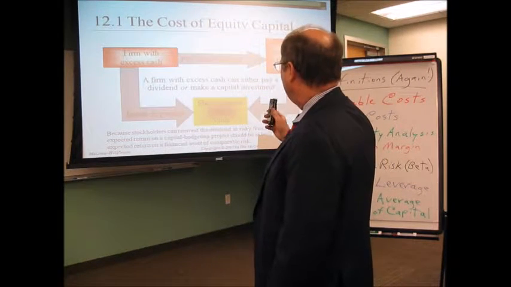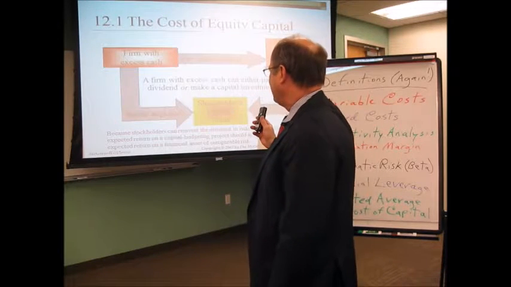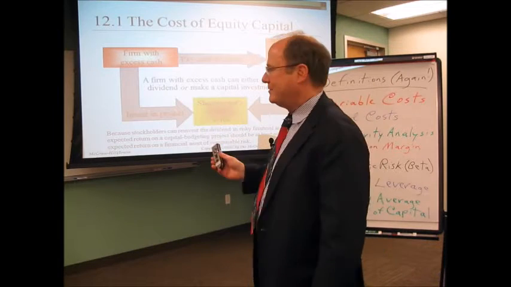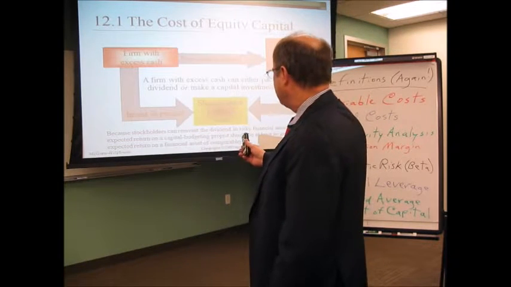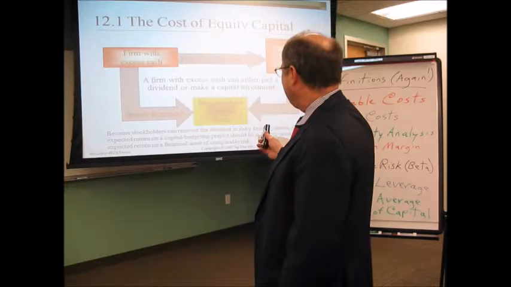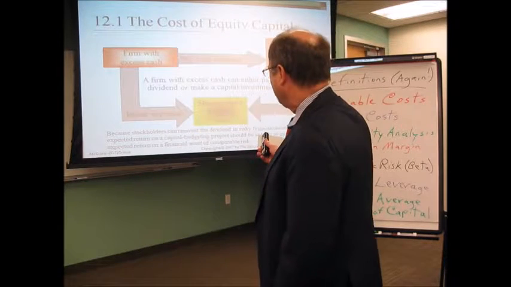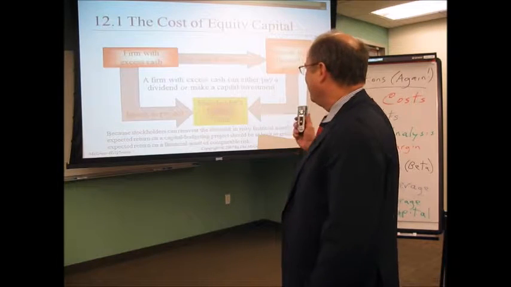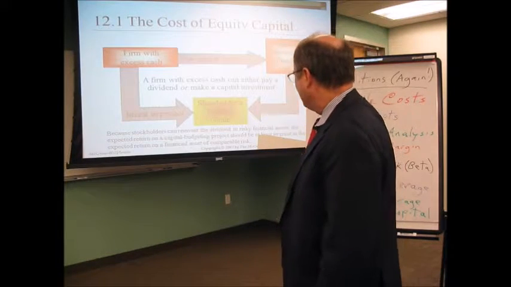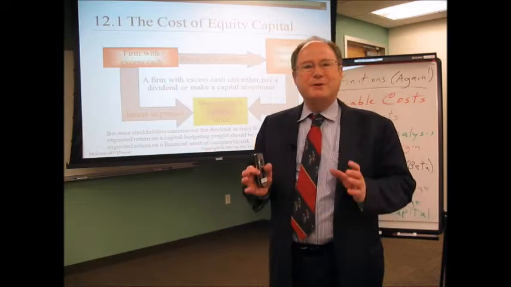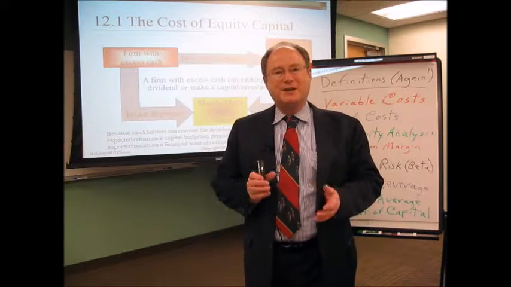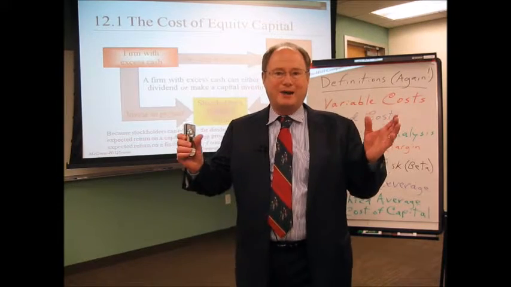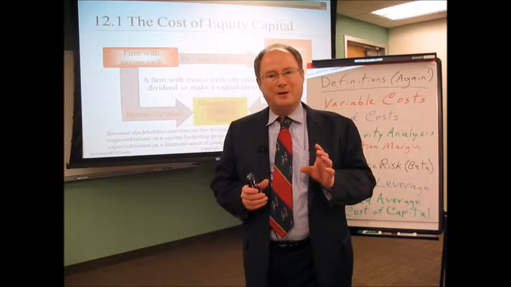You've got a firm that has excess cash, and it pays a cash dividend to its shareholders. And it invests in a project, and the shareholders and the stockholders in general can reinvest the dividend in risky assets. So you want whatever the return on what they're investing in to be at least equal to, if not higher than, the cost of their equity.